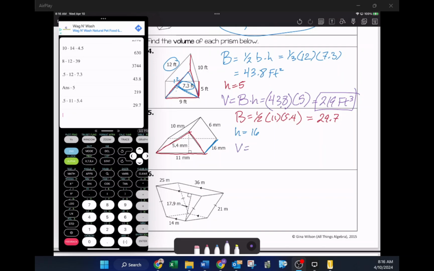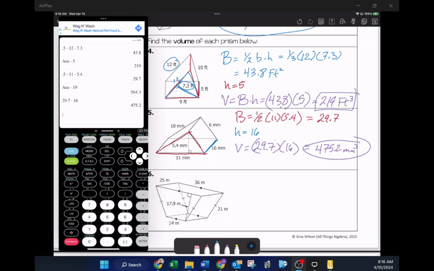So volume equals 29.7 times 16, which is 475.2 millimeters cubed.